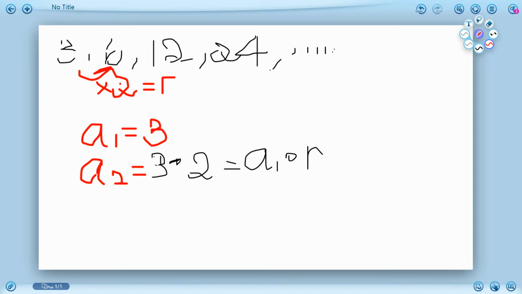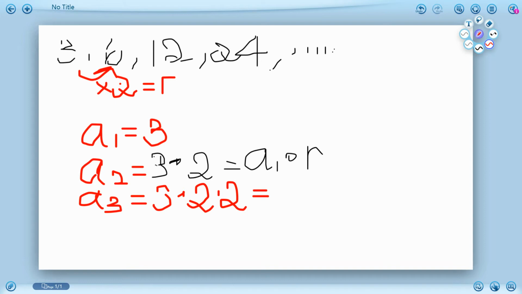On this part, I'm going to go all the way to a sub 4, just so you can see what's going on. So let's get a sub 3. For a sub 3, we have to do 3 times 2 times 2.